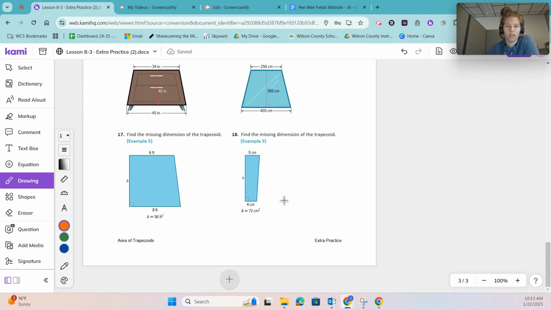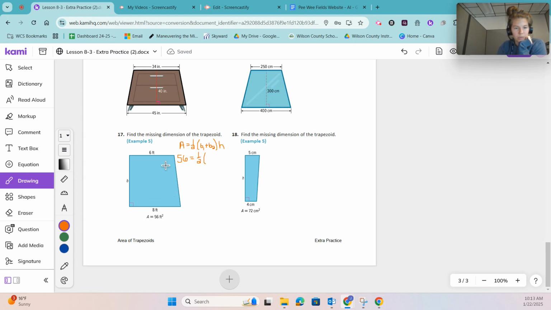Okay. All right, couple more examples like that that are very similar to what we just did. And then we have a couple where we're finding the missing dimensions. Okay, this one's definitely more complicated with more parts, base 1 plus base 2 times the height. But again, we're substituting what they give us. So they give us the area, which is 56 equals 1/2.